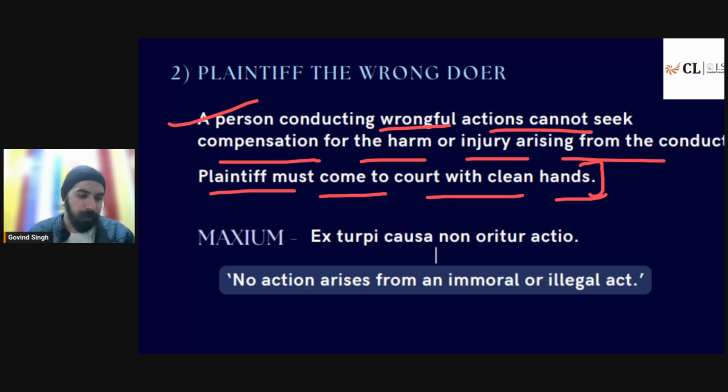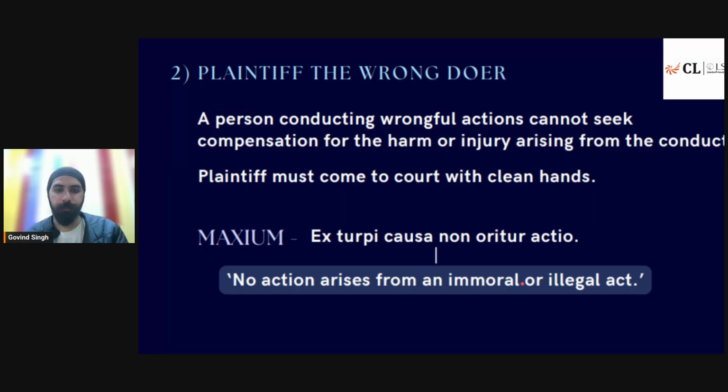I'll give you a very valid example of this one, very pertinent example. Let's say you are driving in a one-way street on the wrong direction. Okay, so let's say this is a road where only traffic can go from this side, and you are coming on the wrong direction.